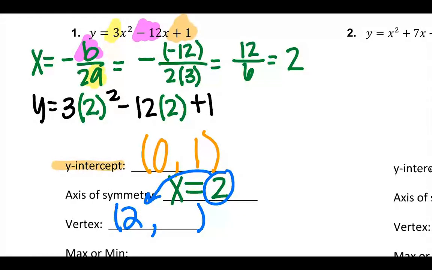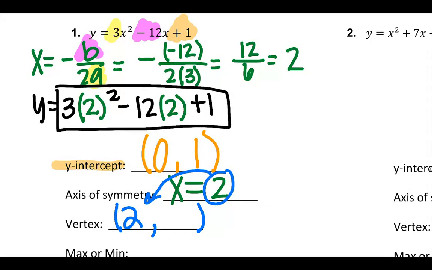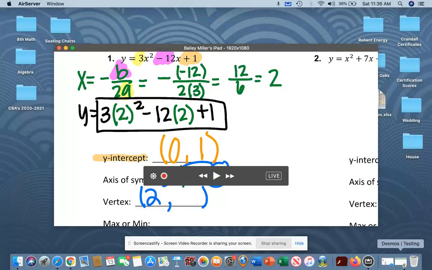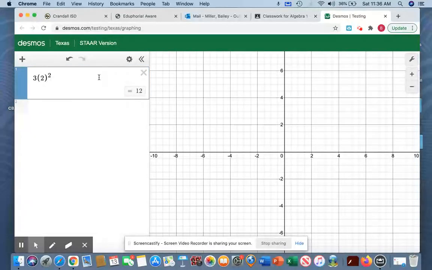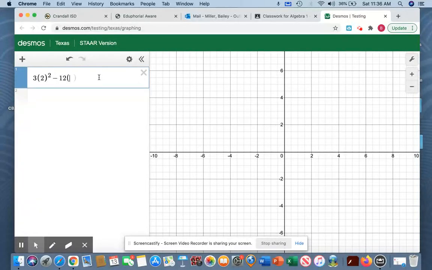You can solve all that out, or again, you can plug this whole thing right here into Desmos. So I've got 3 times 2 squared minus 12 times 2 plus 1. And when I get it out, I get negative 11.